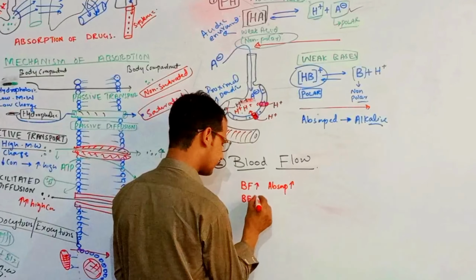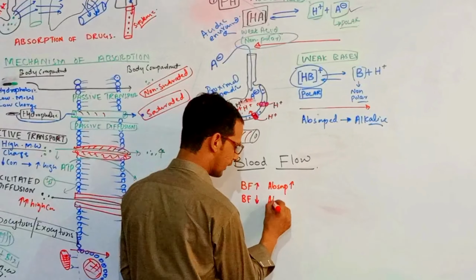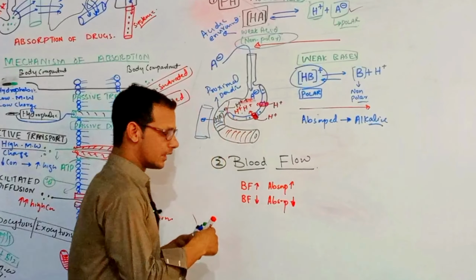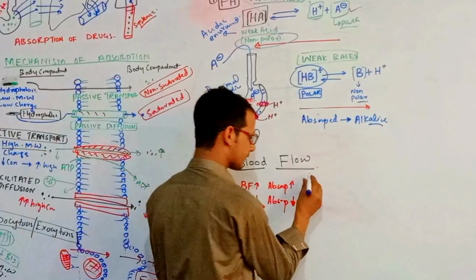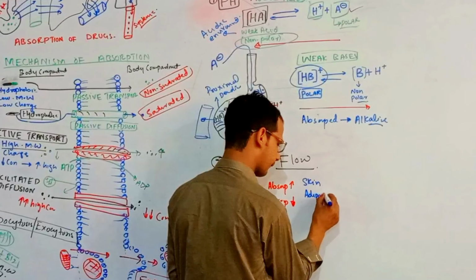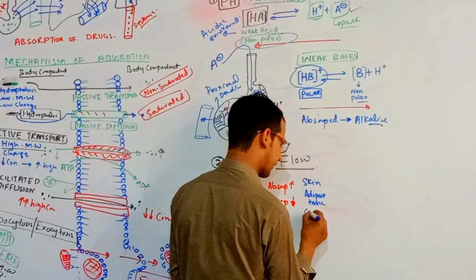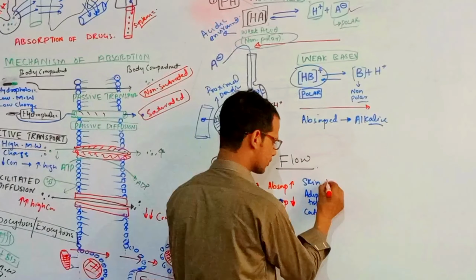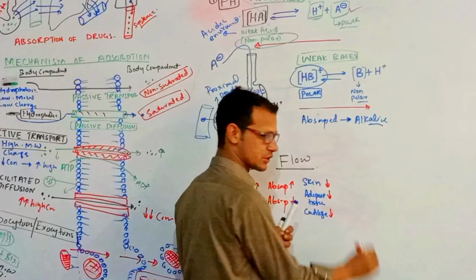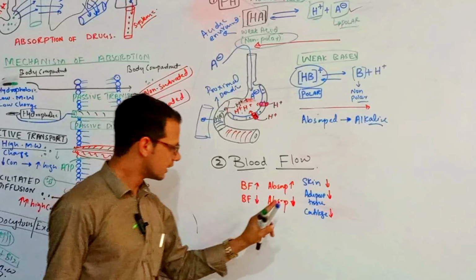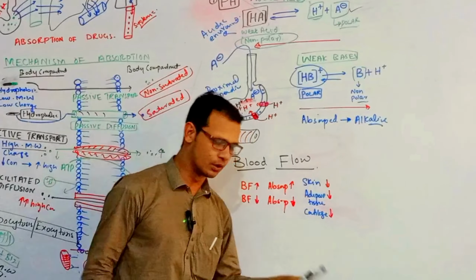If blood flow is low, absorption of drug will be low, right? Skin, adipose tissues, and cartilages have low blood supply. So from skin, adipose tissues, cartilage, or some subcutaneous tissues, the absorption will be low.